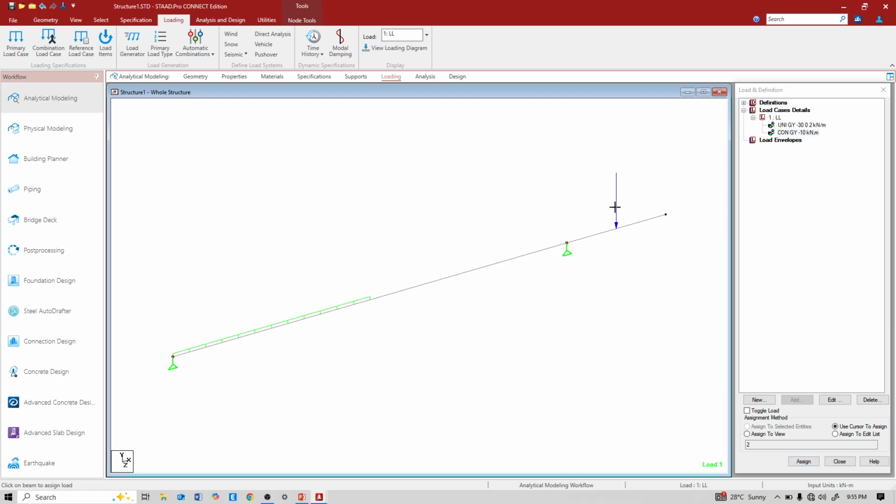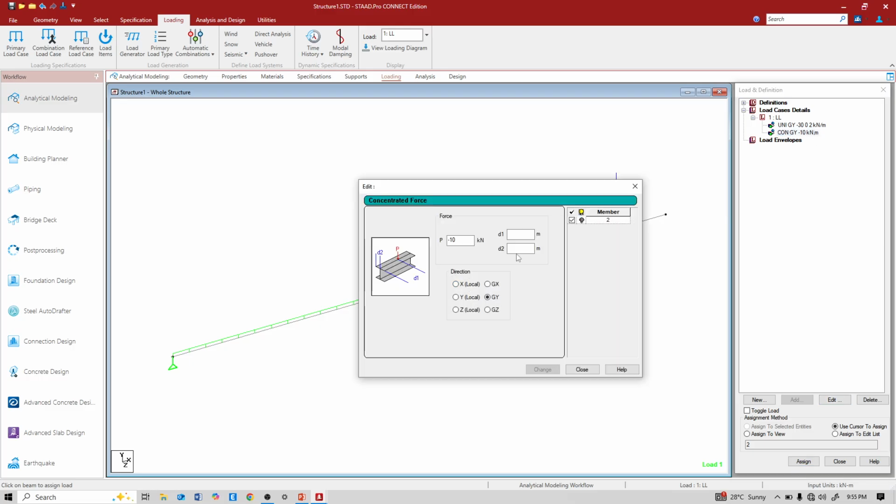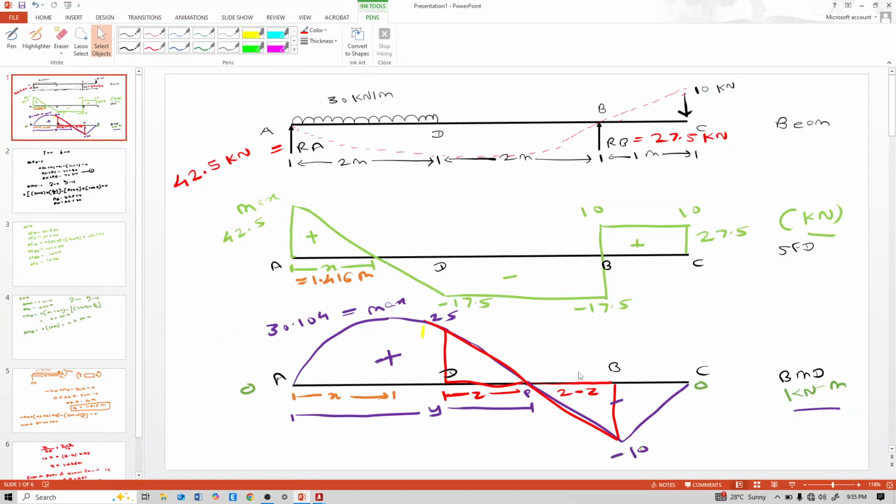So this is also a wrong assignment. So this is 1 meter. So edit this load and D1 distance is 1 meter. Change. Okay.